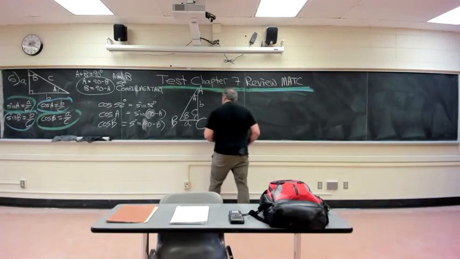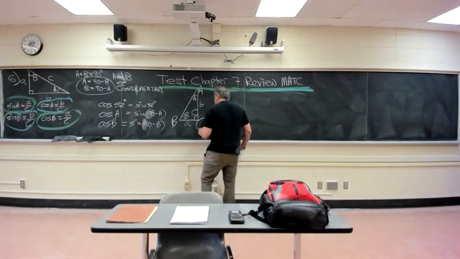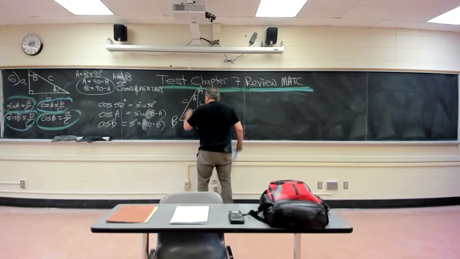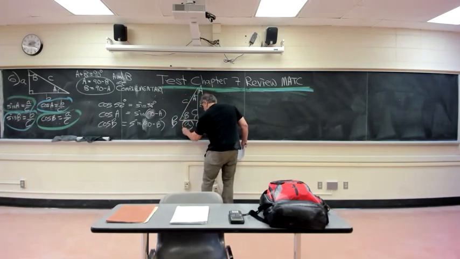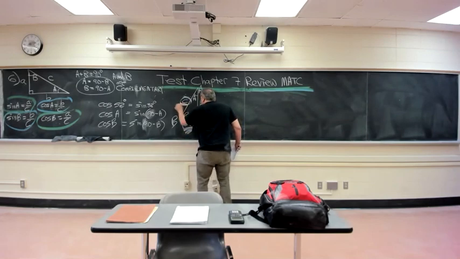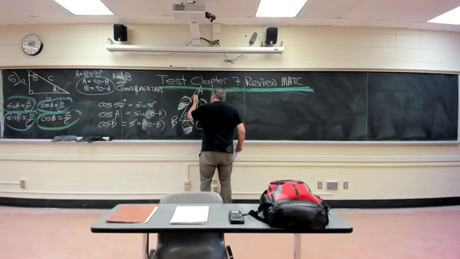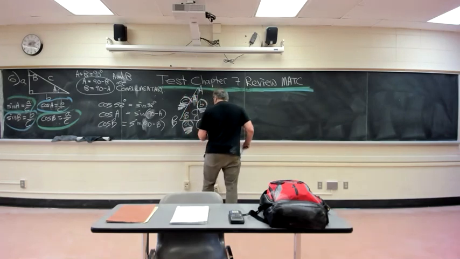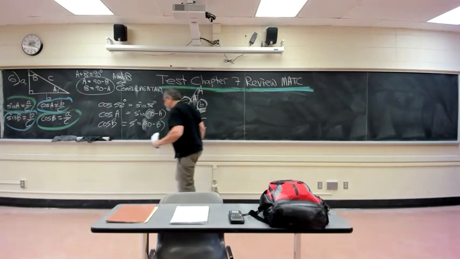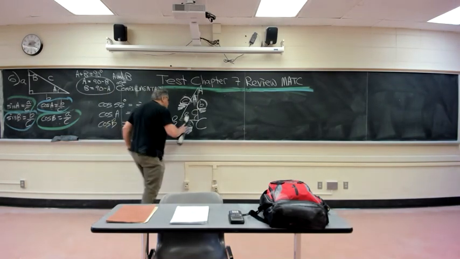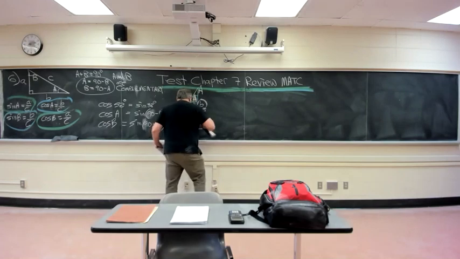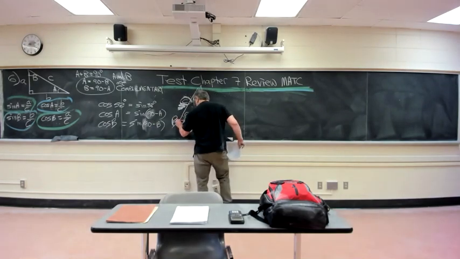I'm not crazy about how they drew it, but everything is going to be fine. Here's A, here's C, here's B, and then you want to do the ratios vis-a-vis A and B. The C right here. Again, their drawing is somewhat different than mine.